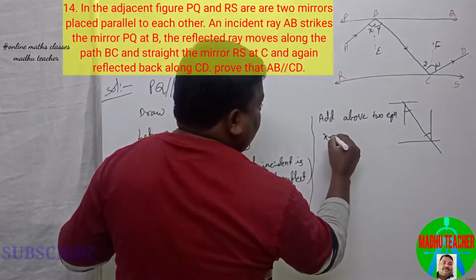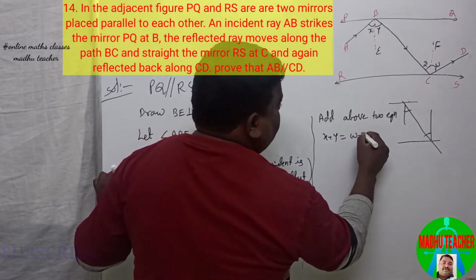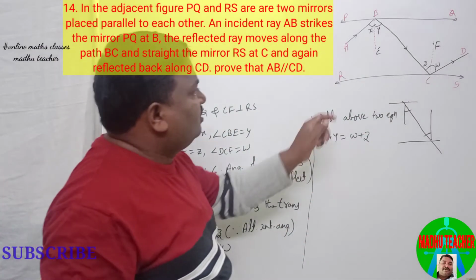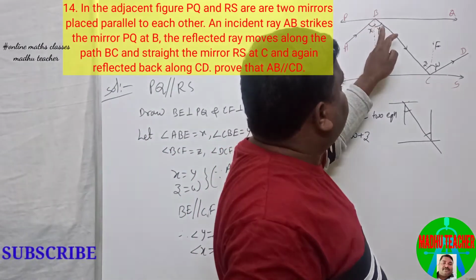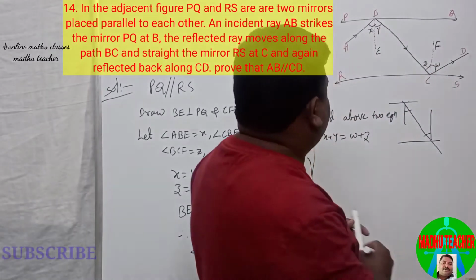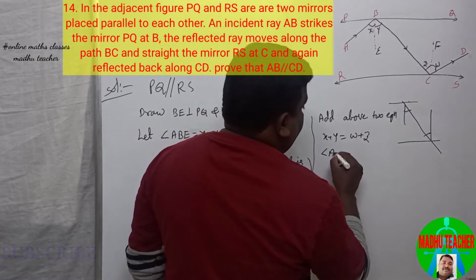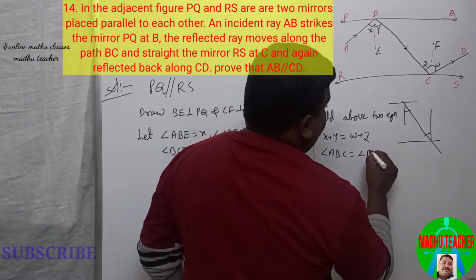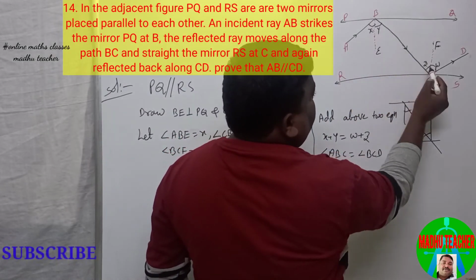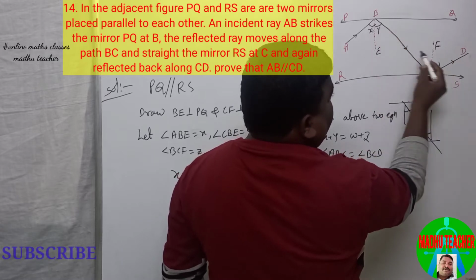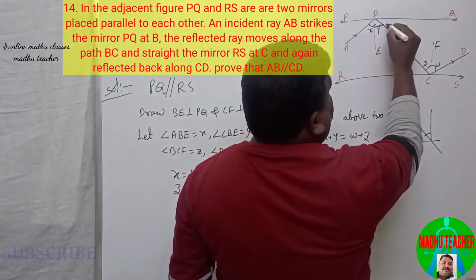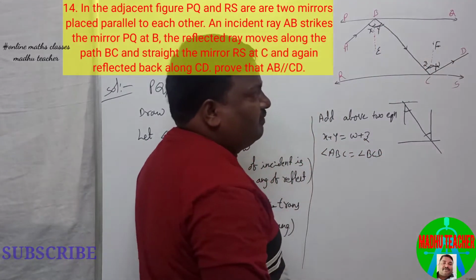X plus Y equal to W plus Z, or Z plus W. That means X plus Y equal to Z plus W. That means angle ABC equal to angle BCD. X plus Y means ABC, Z plus W means BCD. These two angles are equal.